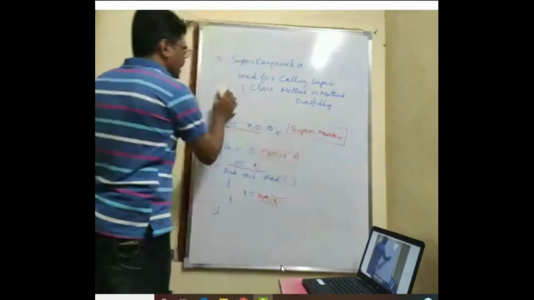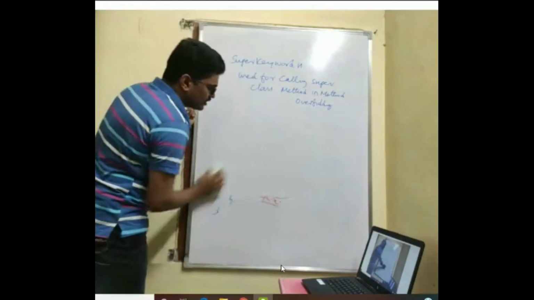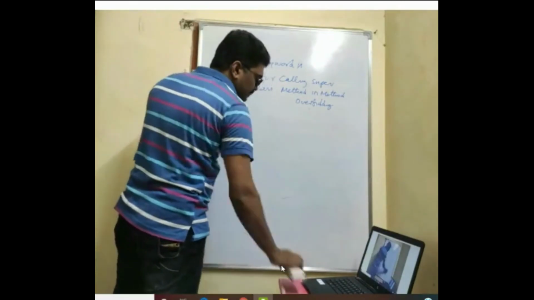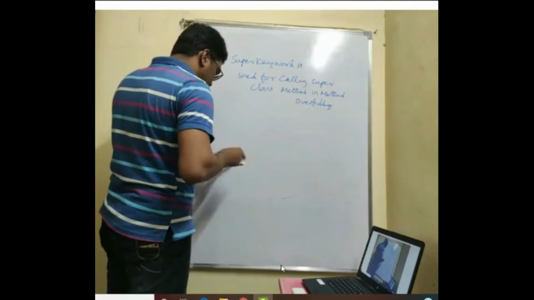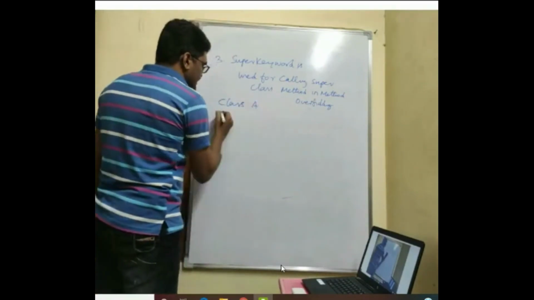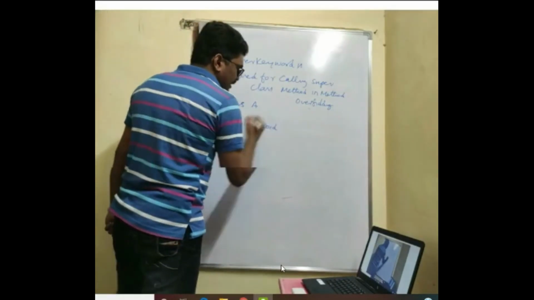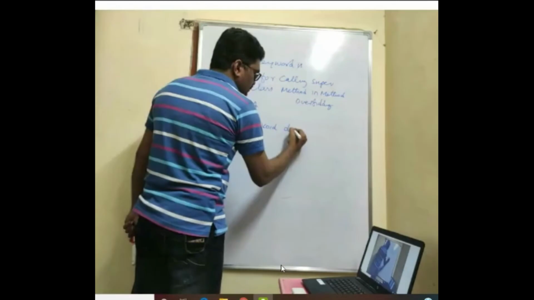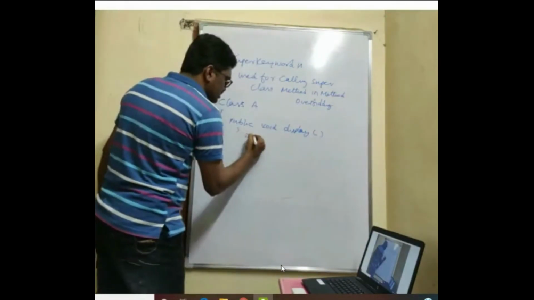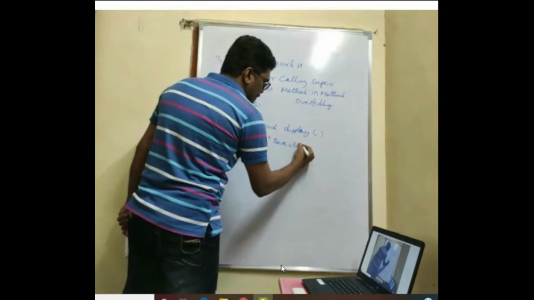Okay, so yesterday we have seen what happens in method overriding. So what is method overriding? First of all, base class method and derived class method both are the same. So I'll say suppose display. I'll write system.out.println base class display.